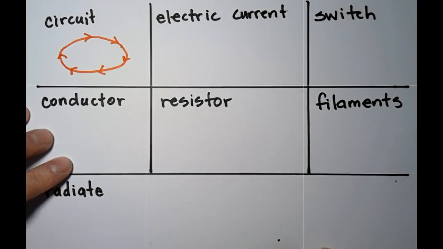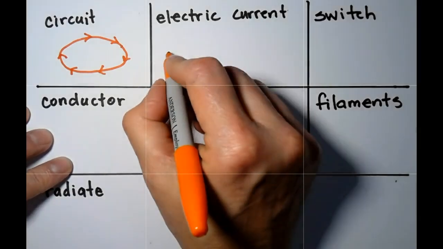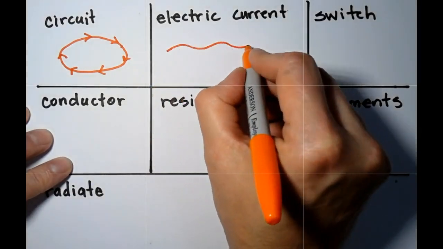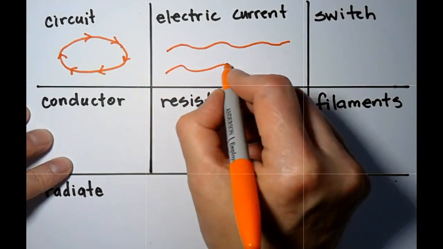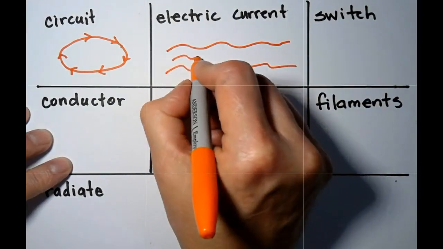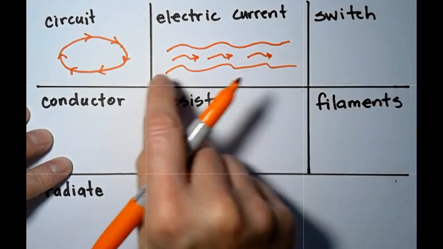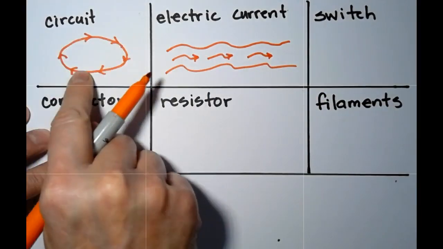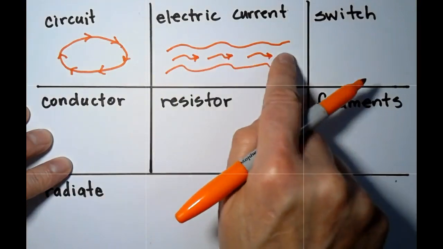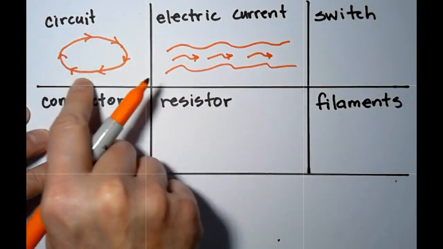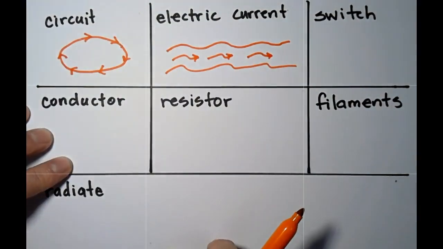Electric current is the flow of electricity, so think of it like a river. Okay, and in a river, the water flows. So the circuit is the complete path, and the current is the electricity flowing through the circuit.